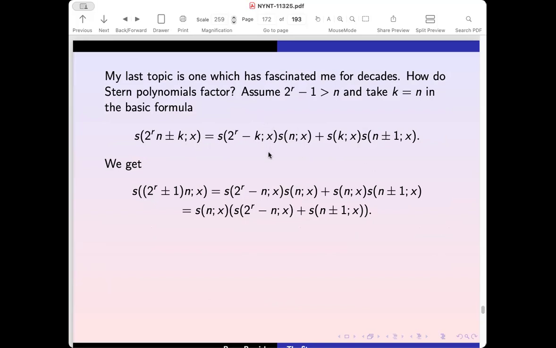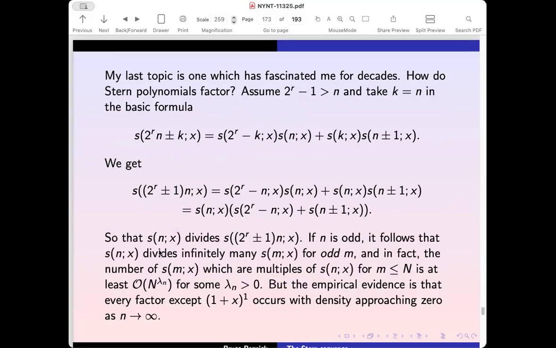What I've been fascinated by for a long time is how Stern polynomials factor. If you take this formula and put in k equal to n, you find the fact that S(nx) will divide S((2^r plus or minus 1)nx) if r is big enough.